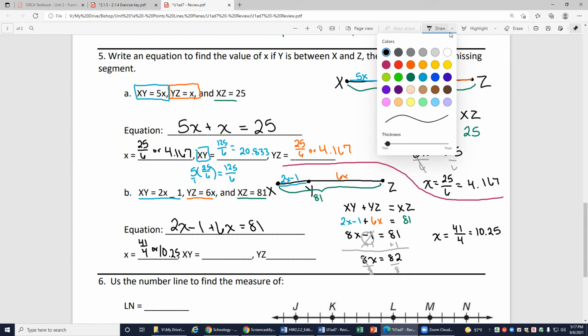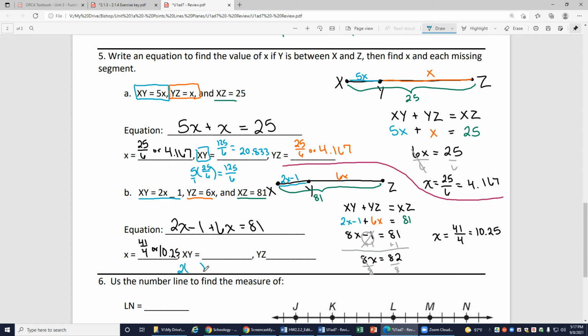Okay, all right, so then the next we're going to look at finding xy, which is 2x minus 1. And now we know x is 10.25. So that's going to be 20.5, right? When I do 2 times 10.25 is going to be 20.5.